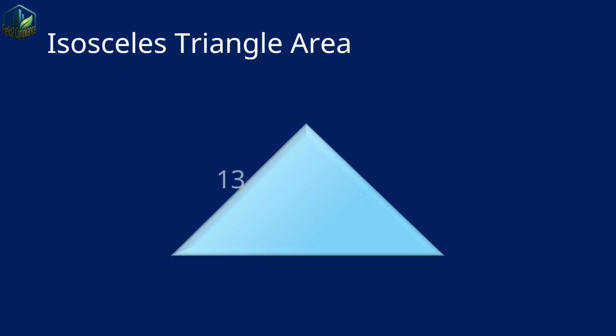And lastly, we have our isosceles triangle with two equal sides of 13 units and a base of 10 units. To find the height, we split the base into two equal parts of 5 units each. That gives us a right triangle with sides of 5, the unknown height, and the hypotenuse of 13.